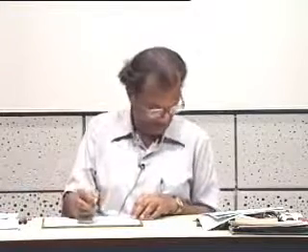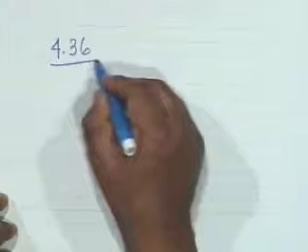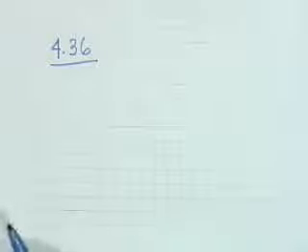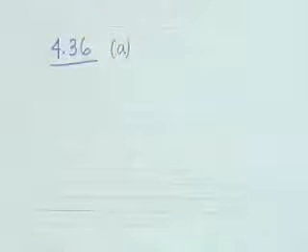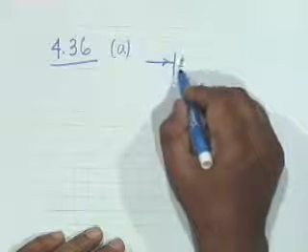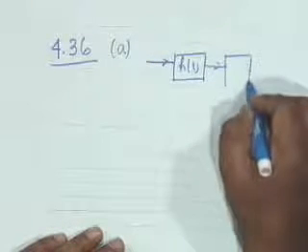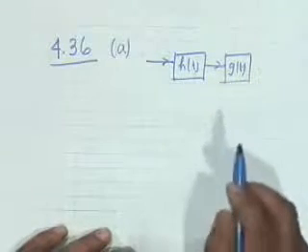We conclude this lecture by working out an interesting problem from the text. Problem 4.36. Part A is a fairly long problem, but a very interesting one and simple too. 4.36A says there are two systems, h of t and g of t, which are cascaded.